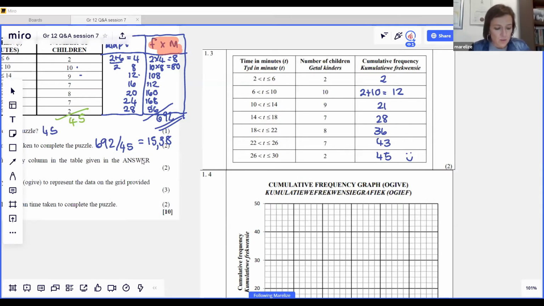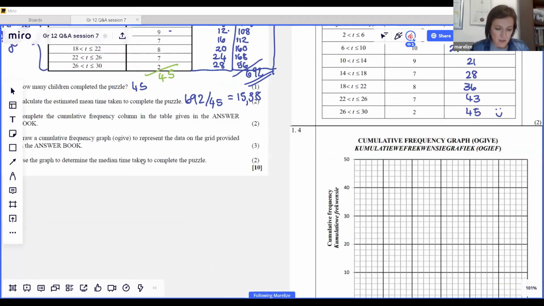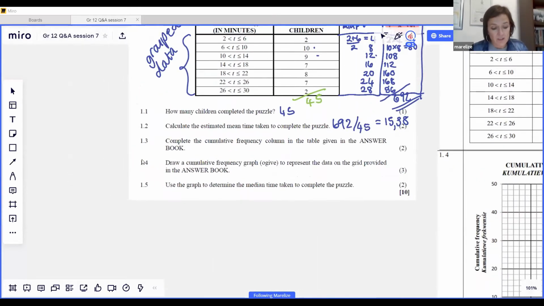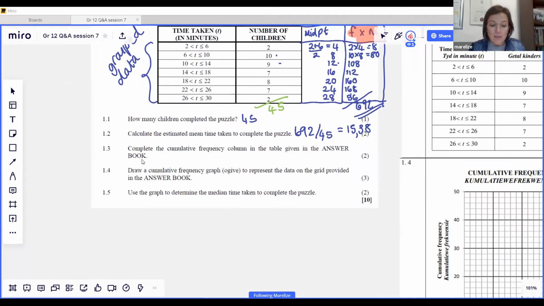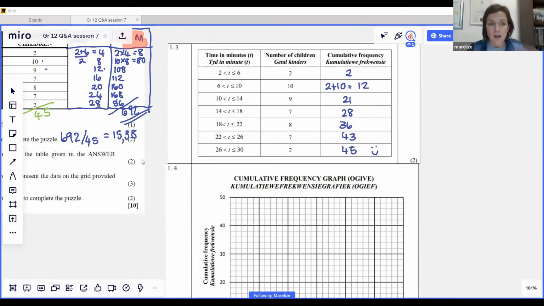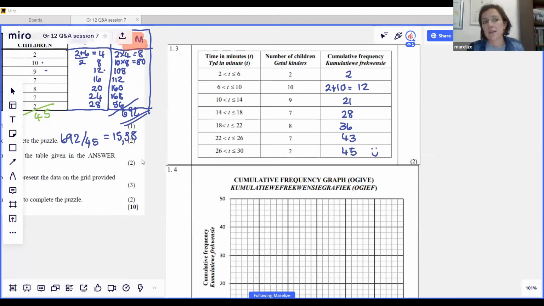Now, the next question. So far, everything is routine. That 1 mark about how many completed the puzzle, everyone should get that. Then if you revise and study, you should be able to calculate the estimated mean. Cumulative frequency, there can be no doubt in your mind how to do cumulative frequency, okay?